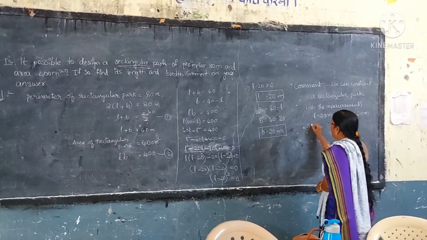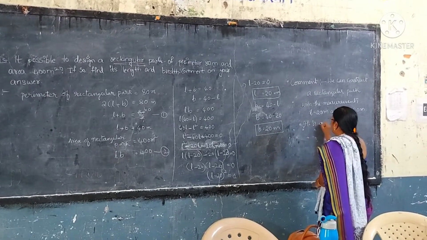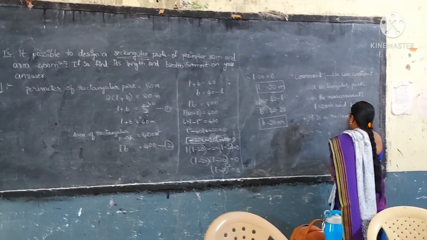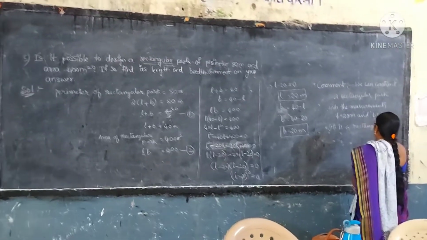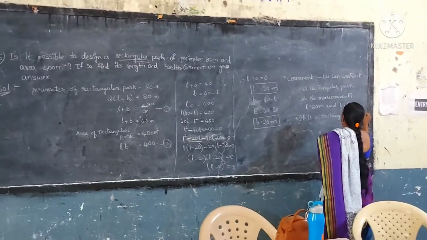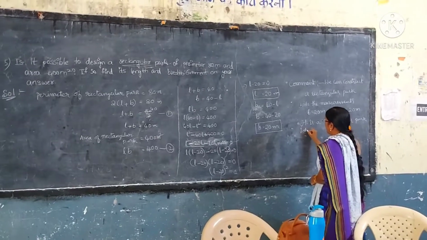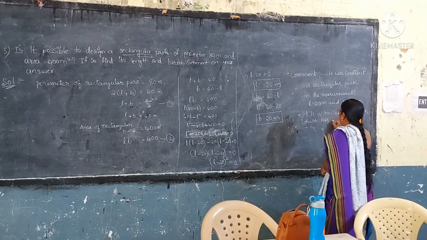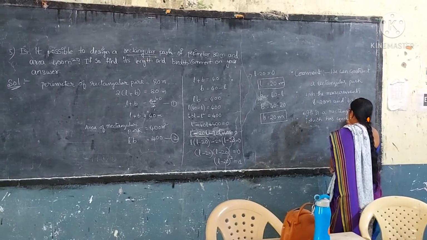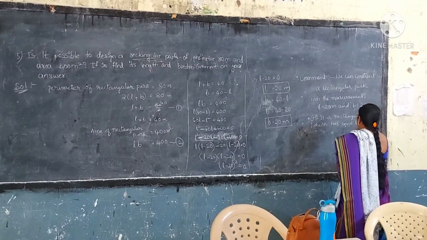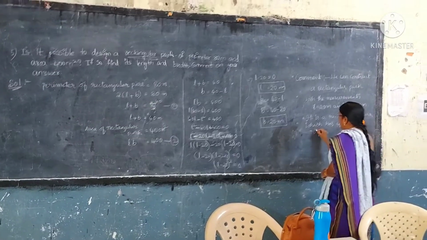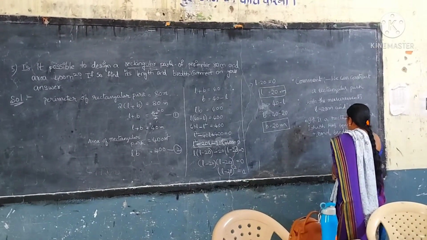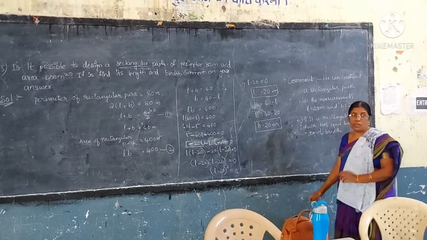It is a rectangular park which has equal length and breadth. Is it clear?